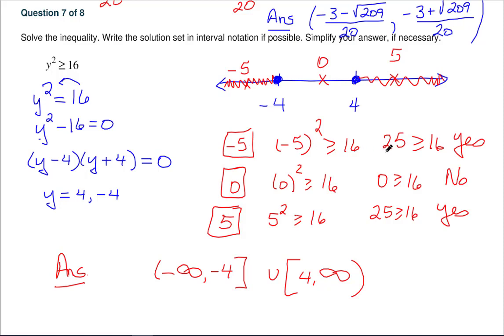All right, is 25 bigger than 16? Yes. Is 0 bigger than 16? No. 25 bigger than 16? Yes. And so I get the stuff on the left, including the minus 4. I get the stuff on the right, which is everything on the right, including positive 4.